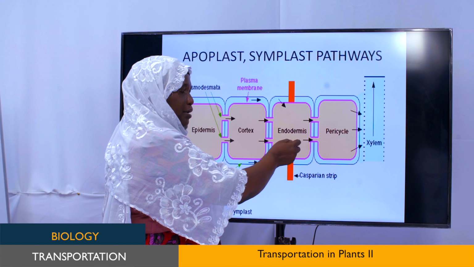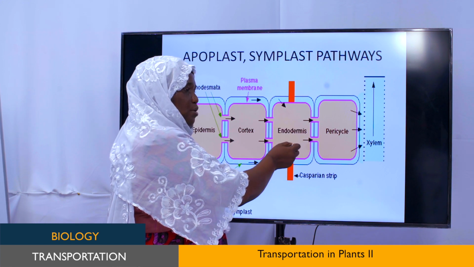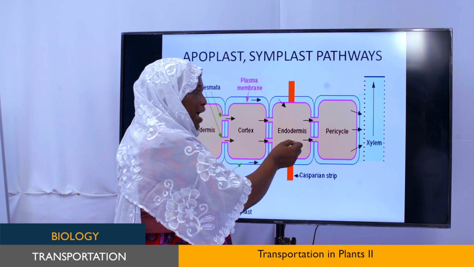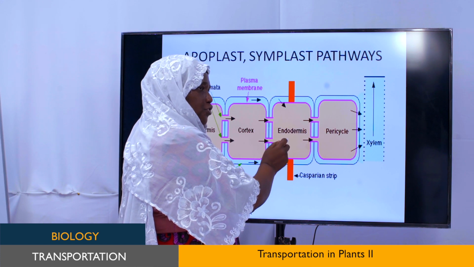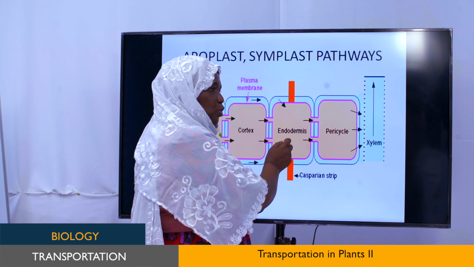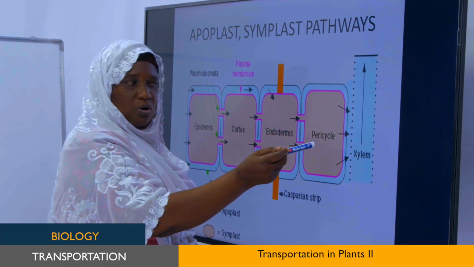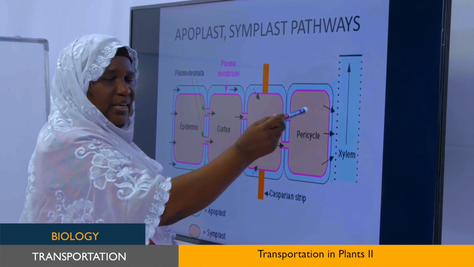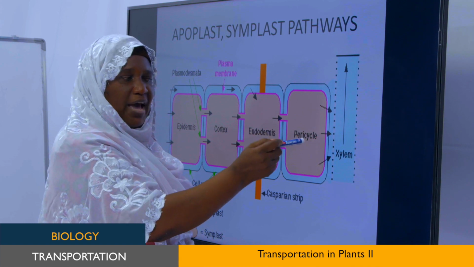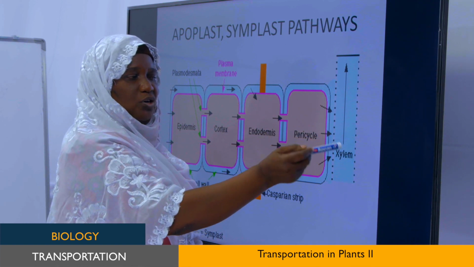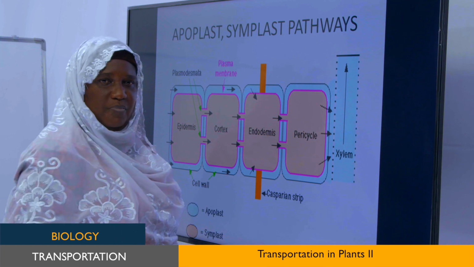After reaching here, the protoplasm will be diluted. From there, water will be pushed due to its high water potential to the pericycle. From the pericycle, when water potential is created on this side, then water will move to the xylem vessel.